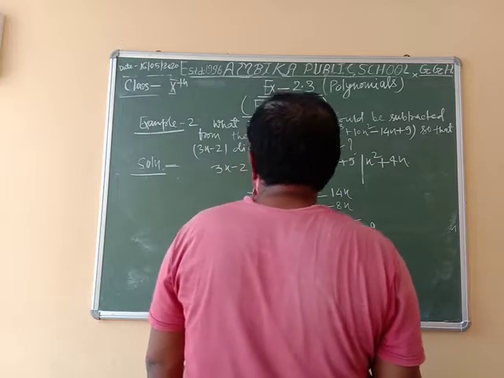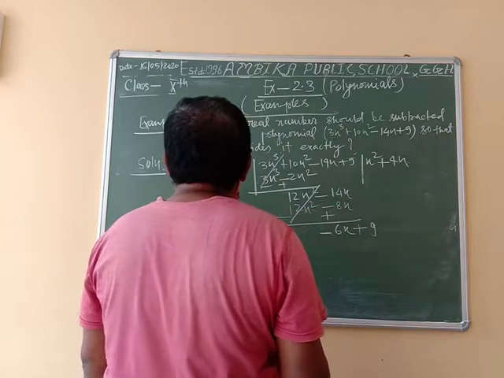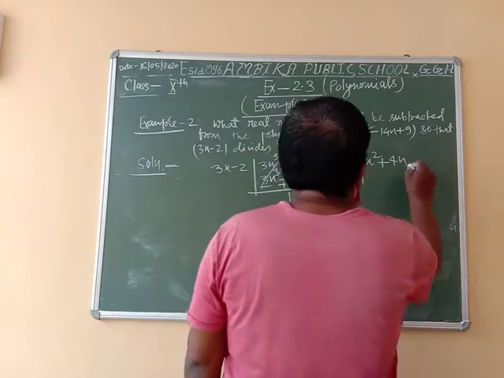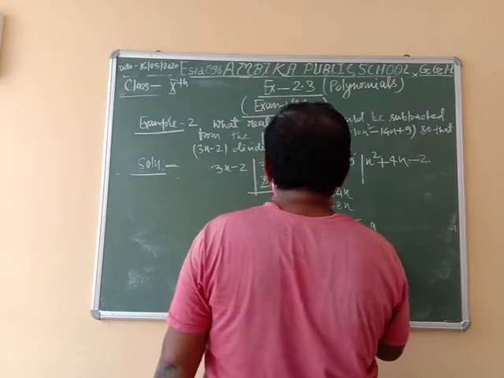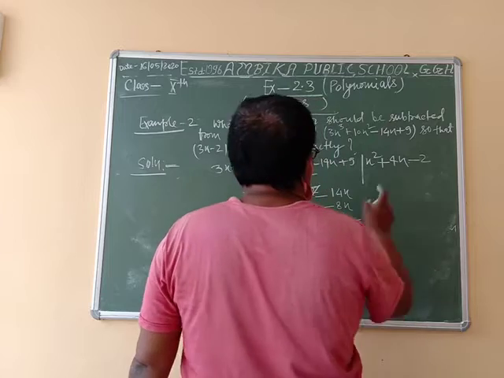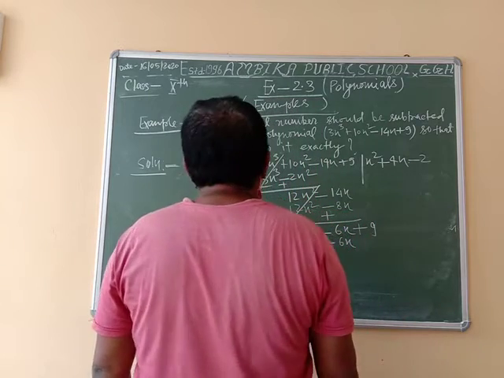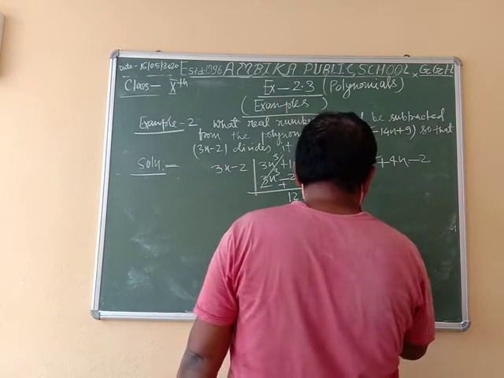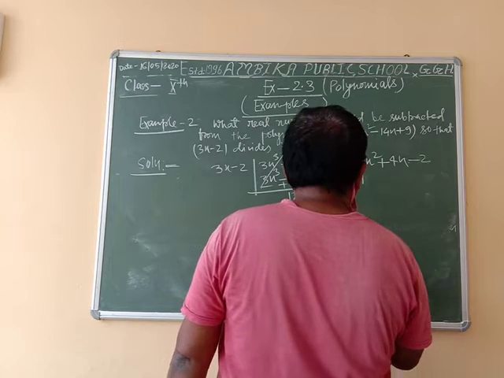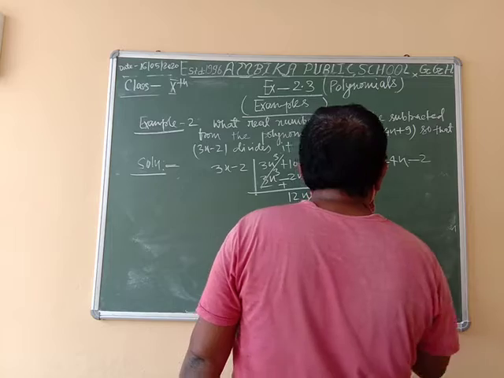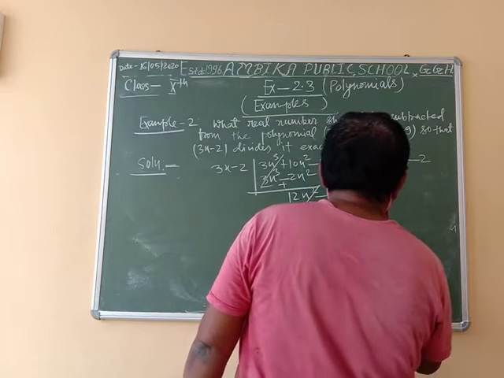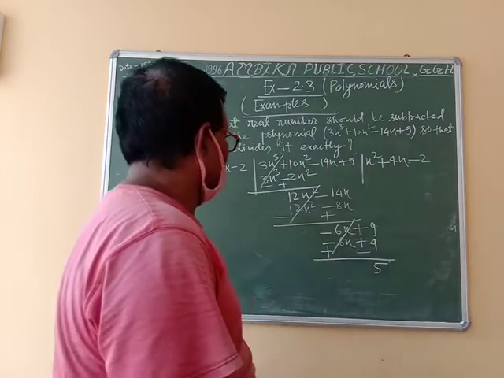After that we multiply 3x by minus 2, we get minus 6x plus 4. On subtracting, we get a remainder of 5.